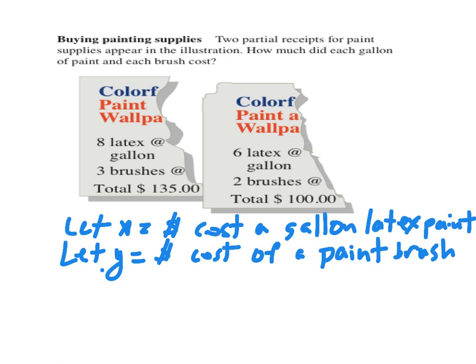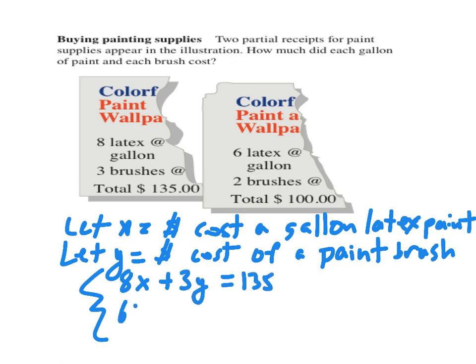So the first equation is 8x plus 3y equals 135. Second equation, 6x plus 2y equals 100.